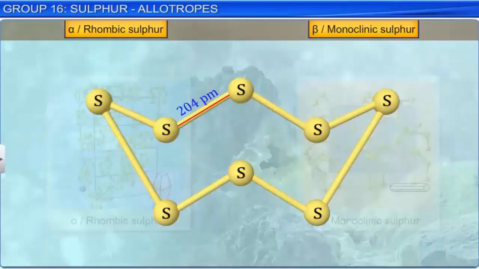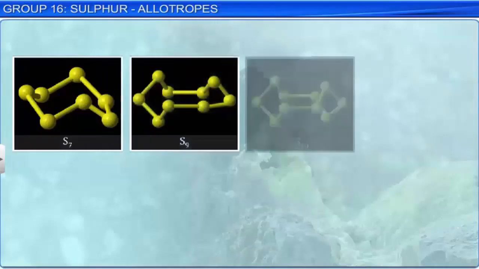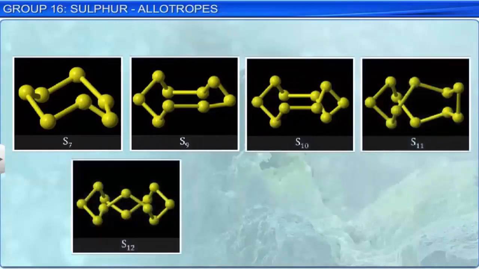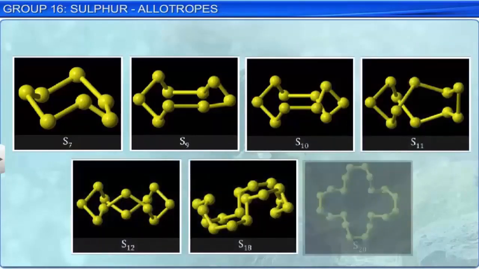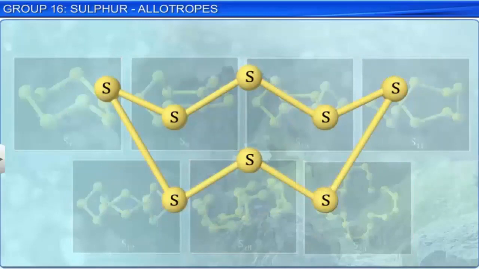Several other rings, S7, S9, S10, S11, S12, S18 and S20 have been synthesized in the last 2 decades. In all of these ring compounds, the S-S distance is 204 picometers.